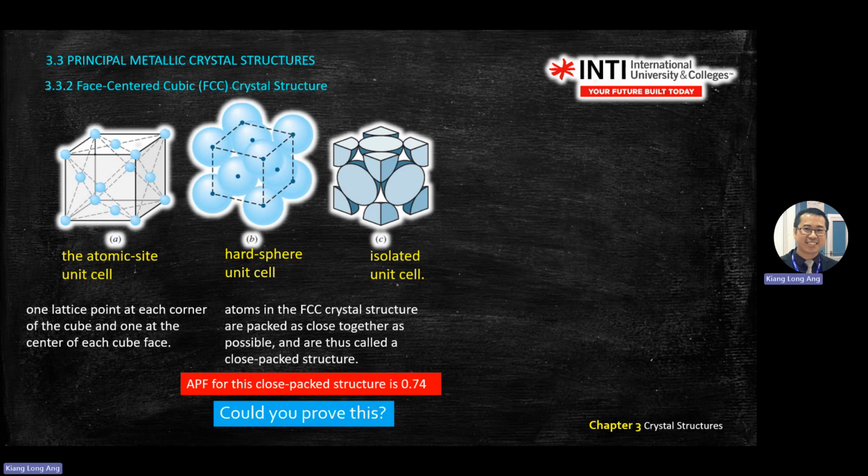So APF, if you do the calculation, it will be 0.74. What is different is the A is different. I'm going to go slow on this one because this is also very popular for tests.